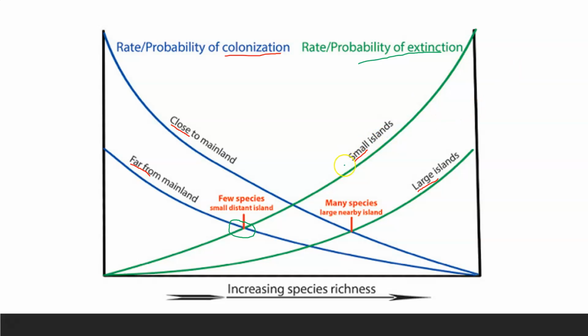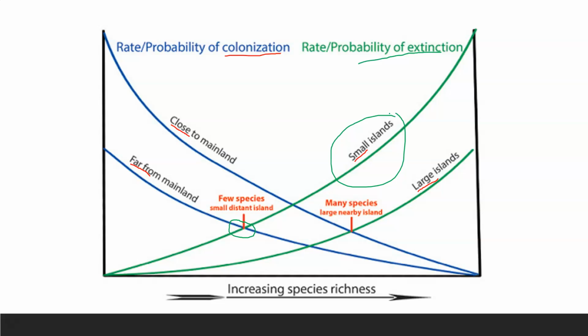Smaller islands are going to have fewer habitats. So by virtue of their size, you're going to have a lesser diversity in the types of habitats that you're going to have. Therefore, if you have more species there, you're going to have a higher rate of extinction because they can only support so many different species.